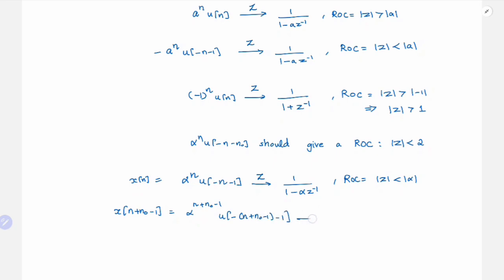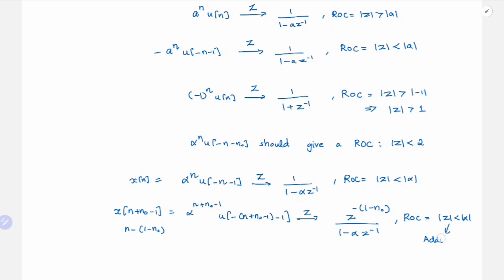And this will have a z transform, since you're shifted in time by minus of 1 minus n naught, of z power minus of 1 minus n naught divided by 1 minus alpha z inverse. And your ROC will not change except for addition or deletion of 0, depending on your power of z.